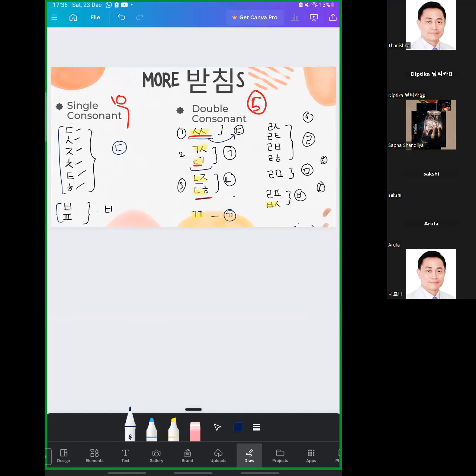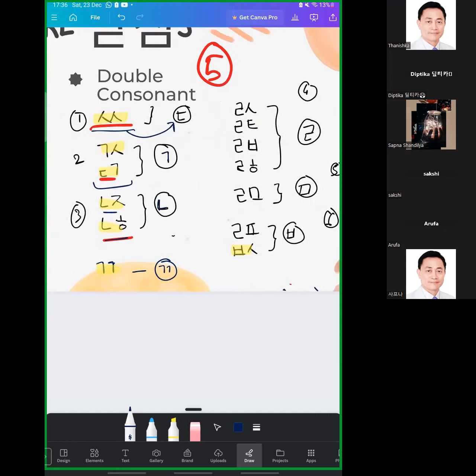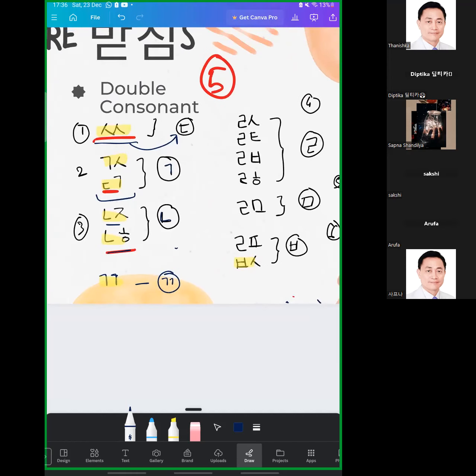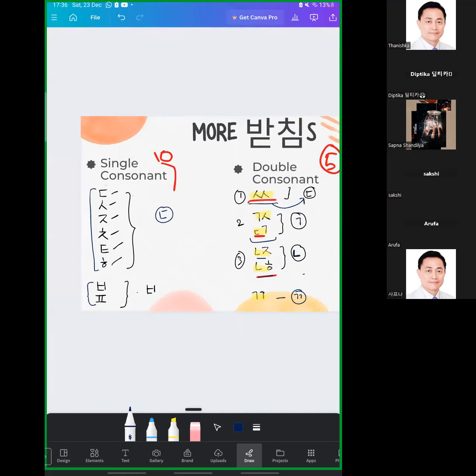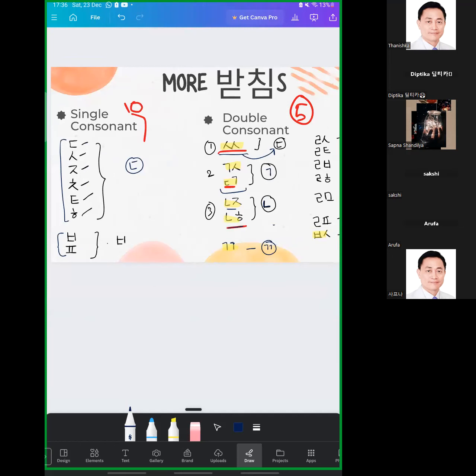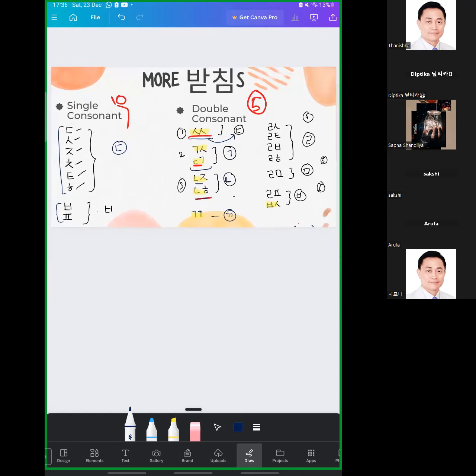Okay. Now, one thing that we need to know about these double consonants is that there are some words with exceptions. Some of them might not be very common. Some of them are so common that you will end up memorizing it on your own. I don't want to include exceptions right now because they can be a bit difficult to remember. But there will be some words which have a different pronunciation or which might not follow this rule.